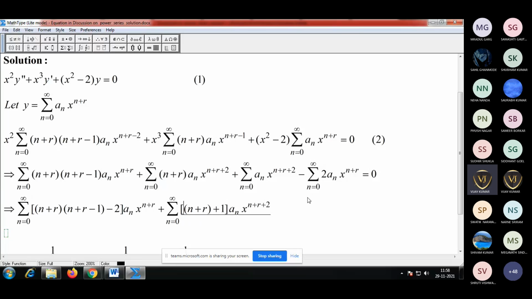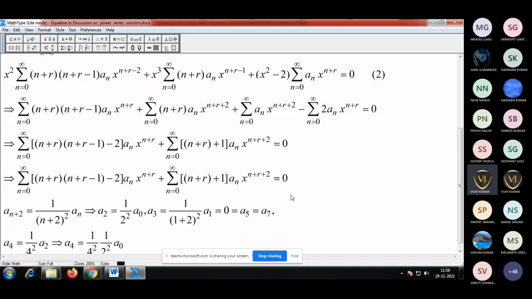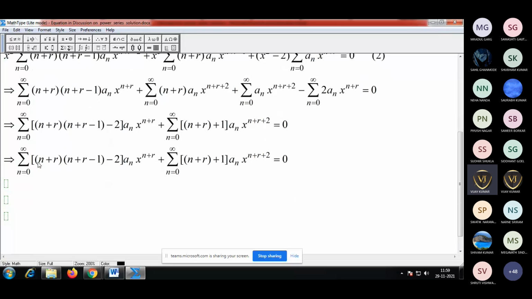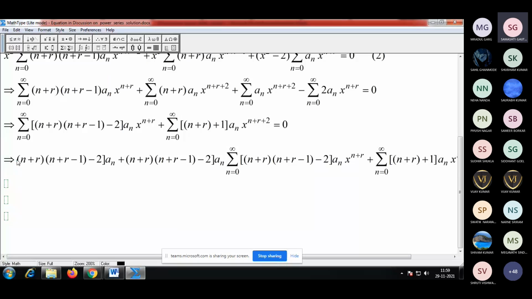So both terms have been converted into two summations. Now we use the same procedure: this series starts from x to the power r, but this one starts from x to the power r plus 2. So we may separate the terms here.